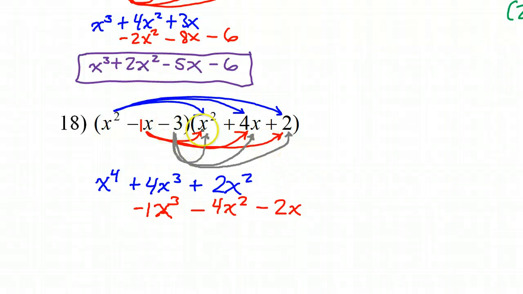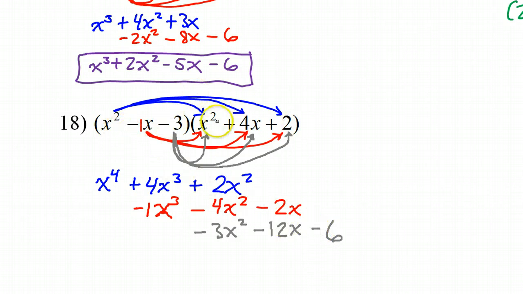Negative 3 times x squared is negative 3x squared, which lines up right here. Negative 3 times positive 4x is negative 12x, and that would go right here. And negative 3 times positive 2 would simply be negative 6.